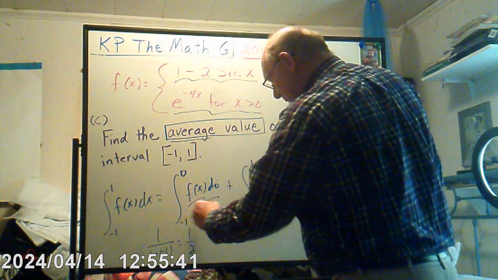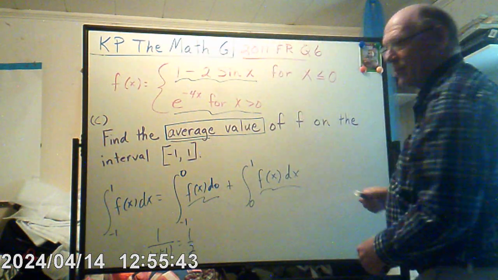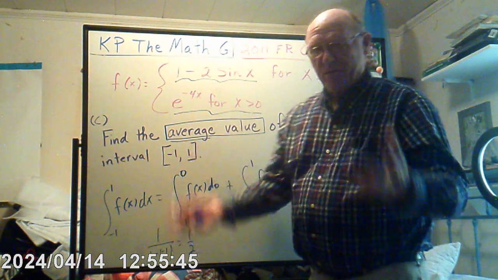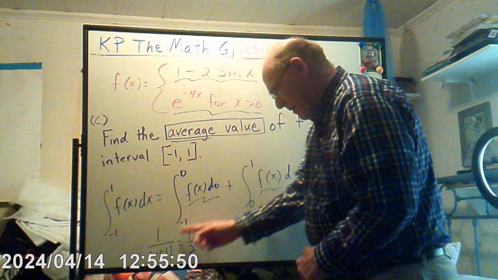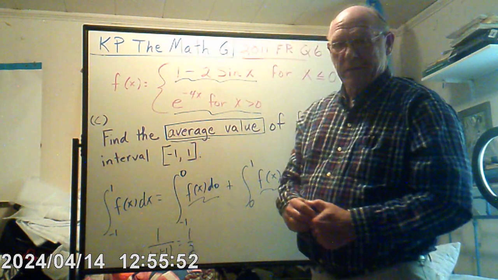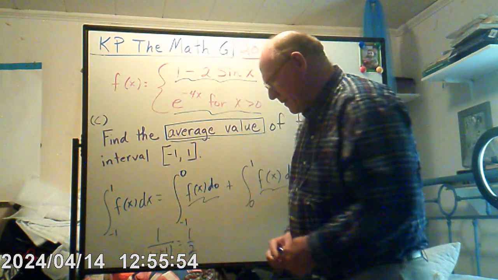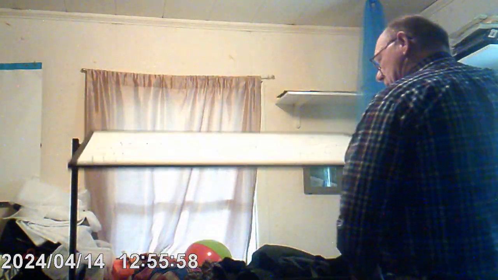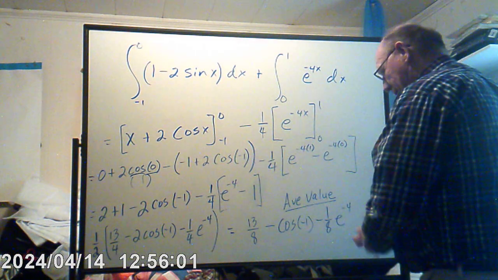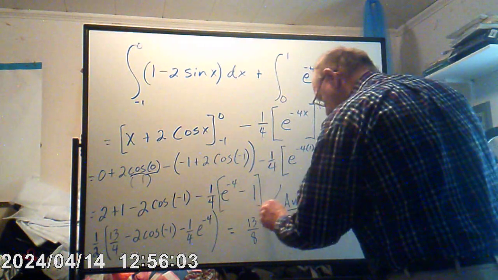Average value means that you do that. Whether it's average velocity or average anything, you have to do this here. Alright, so that's what we got here. This is the final answer right here.